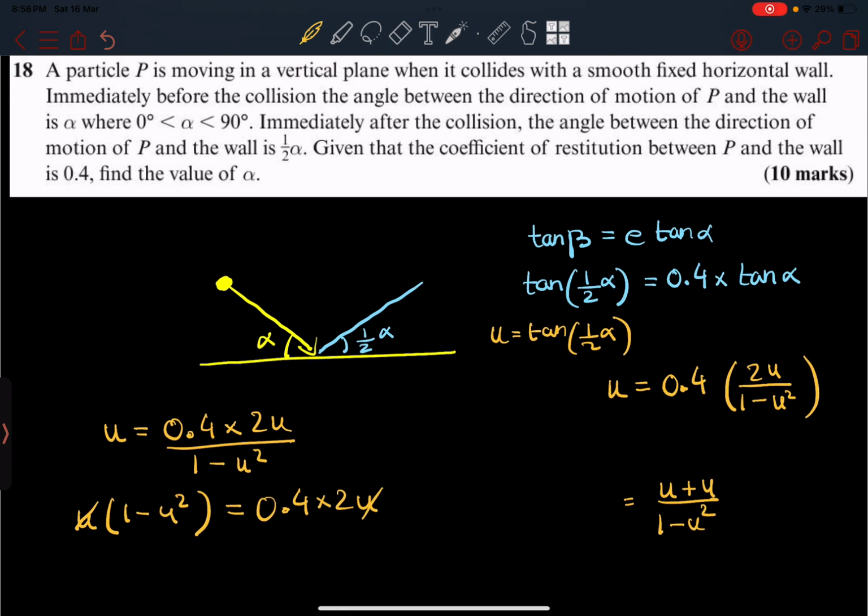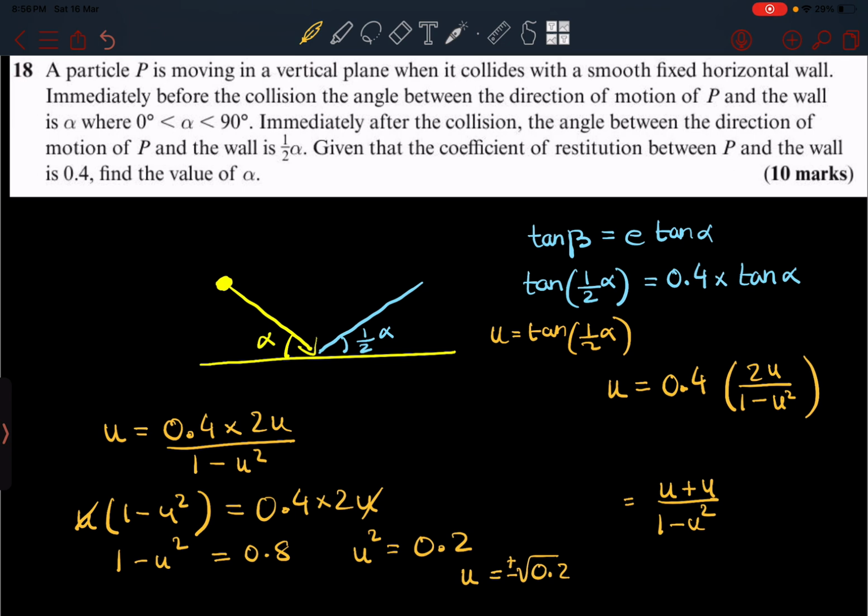So that means I can now say 1 minus u squared is 0.8, or u squared is equal to 1 minus 0.8, which is 0.2. So u is equal to square root 0.2. I must say plus or minus square root 0.2.